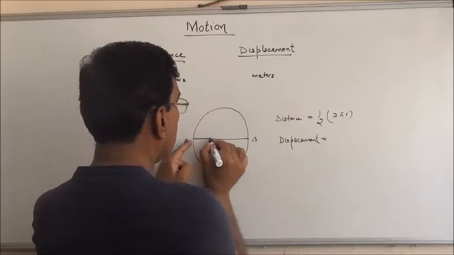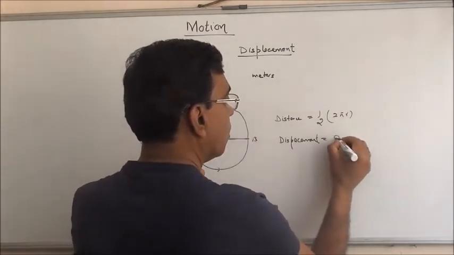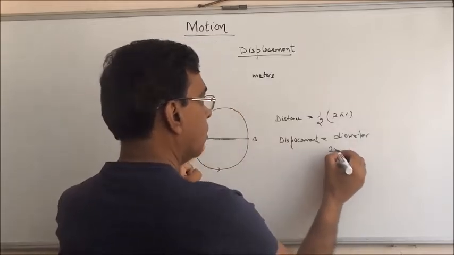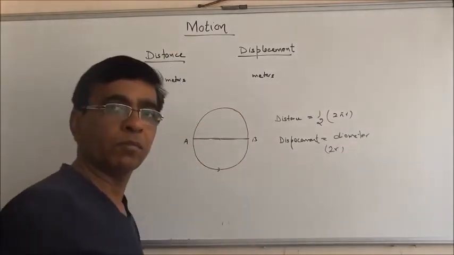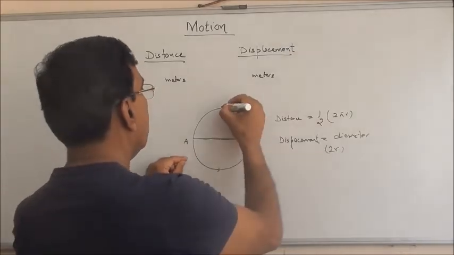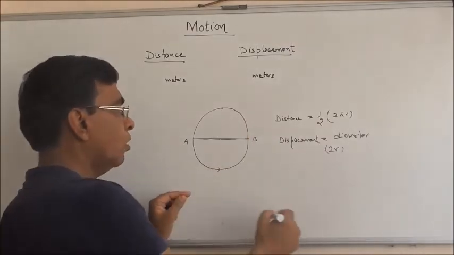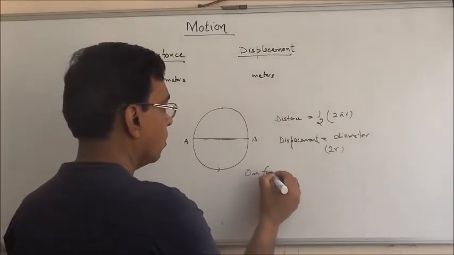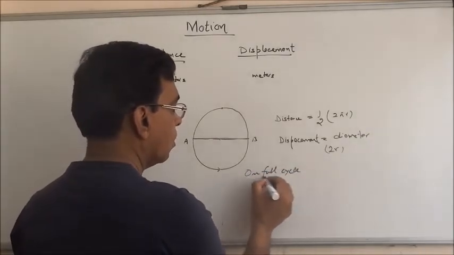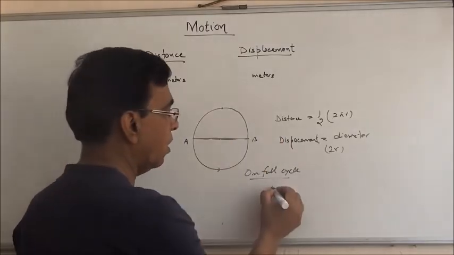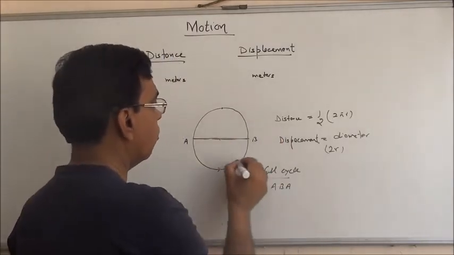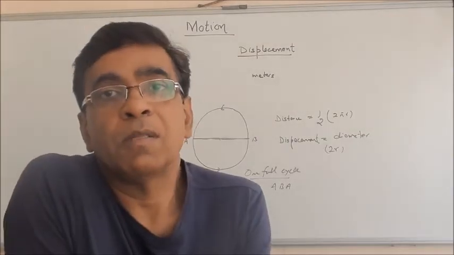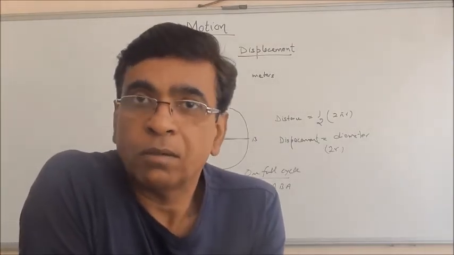It is just this distance. How much is it? Actually, diameter, 2r. If I say that the body has completed one full cycle, it returns A, B, A following this path. Distance is 2 pi r and displacement will be 0.